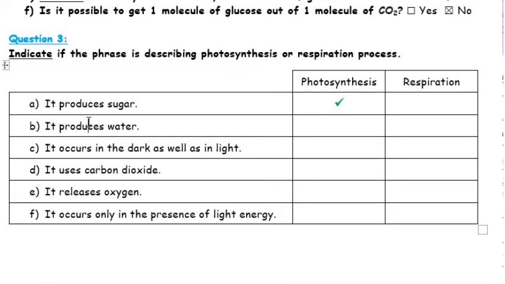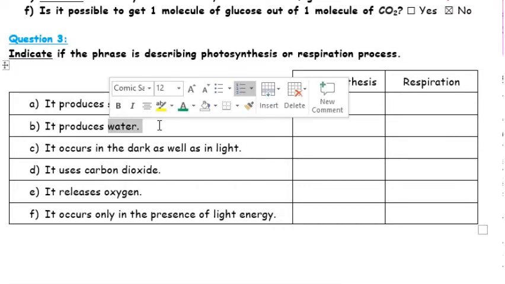It produces water. Let's see. While going through photosynthesis, plants take carbon dioxide and take water. So during photosynthesis, water isn't produced. Actually, it is used to make sugar. Let's see.